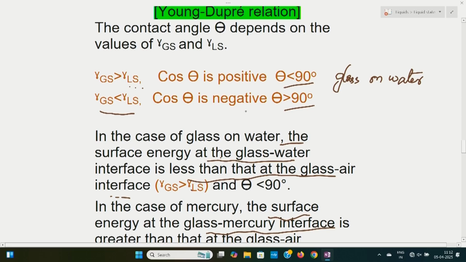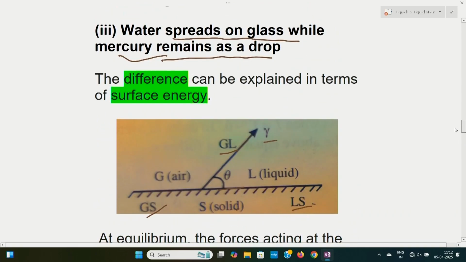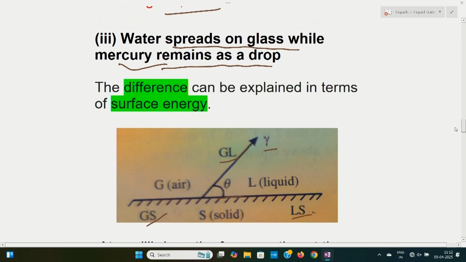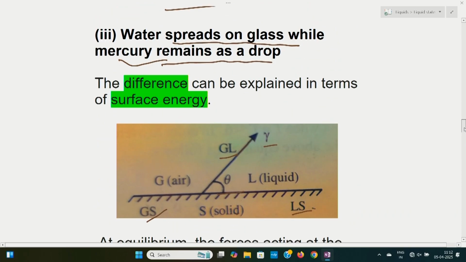For water on glass, theta is less than 90 degrees, and the surface energy of the gas-solid surface is greater. This is the consequence: water spreads on glass while mercury remains as a drop.